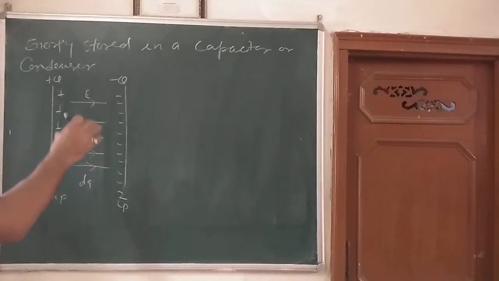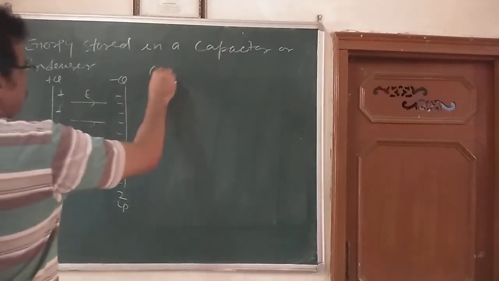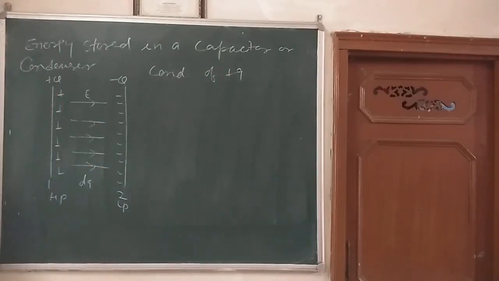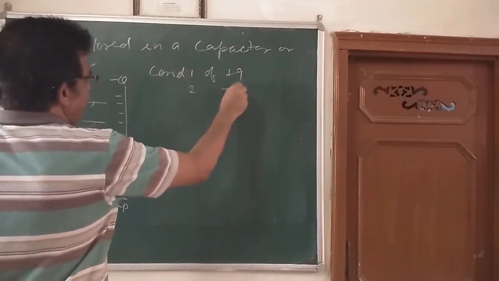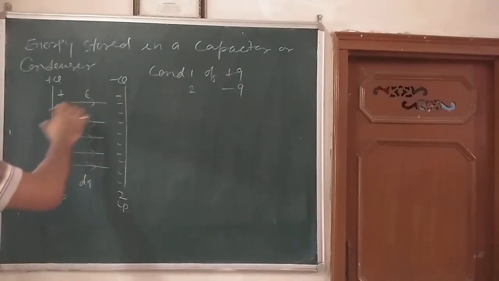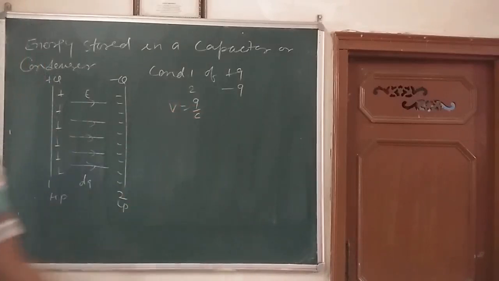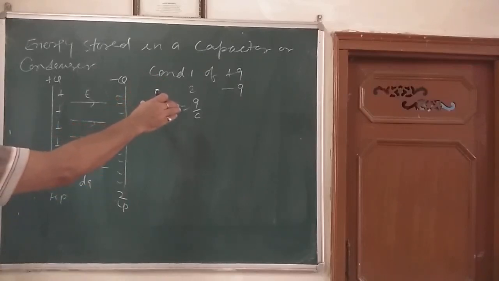Okay, so at any intermediate stage, suppose charge on the conductor 1 is plus q and charge on the conductor 2 is minus q. So potential difference between the conductor 1 and 2 would be q by C, where C is the capacity of the capacitor.